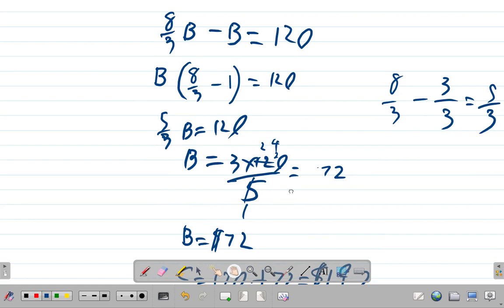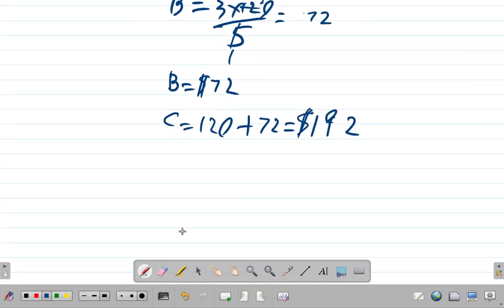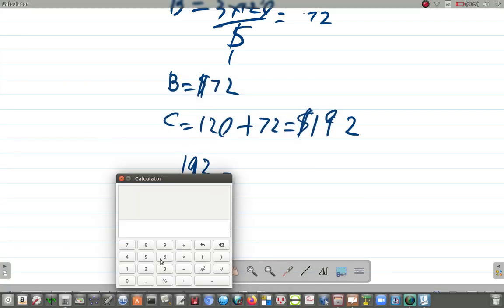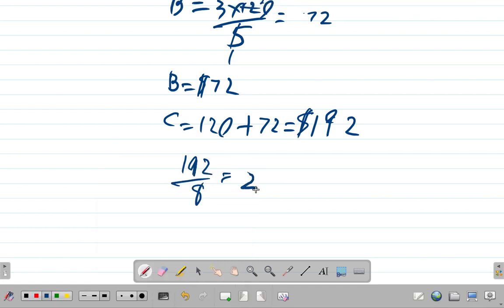C's money divided by 8. 192 divided by 8 equals, let's save some time, get your calculator, 192 over 8 equals 24. So that's equal to $24, the size of each part of the money.